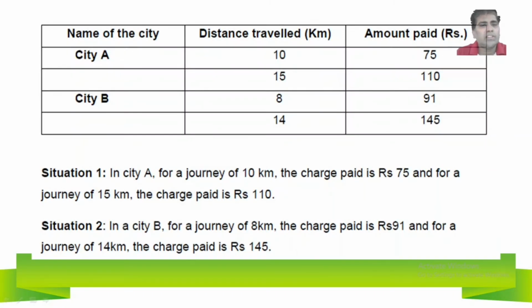So the name of the city, distance travelled in kilometers, amount paid in rupees. First, for city A, how are the auto fares charged? For 10 kilometers they are charging 75 rupees. For 15 kilometers they are charging 110 rupees. In city B, if you travel 8 kilometers, they are charging 91 rupees.